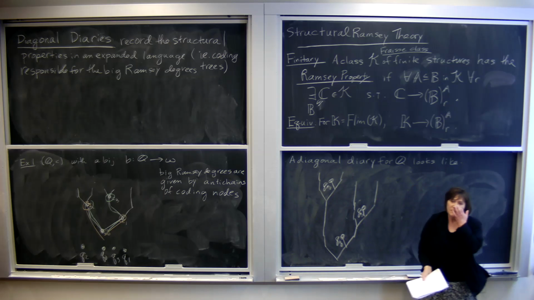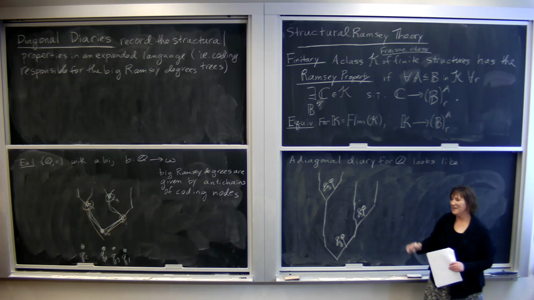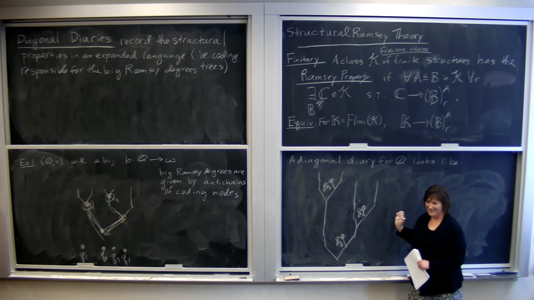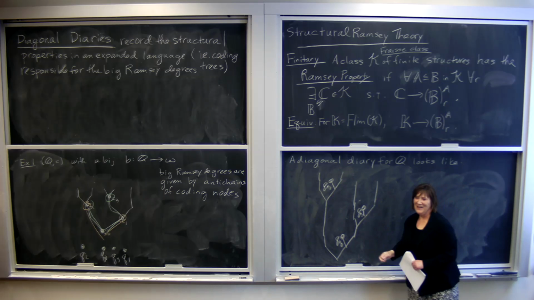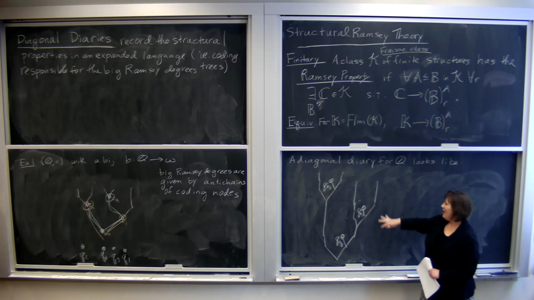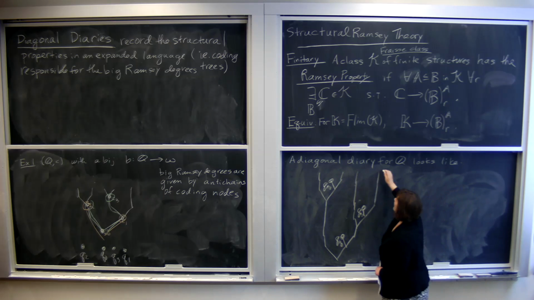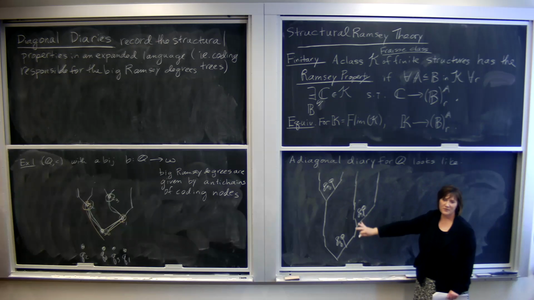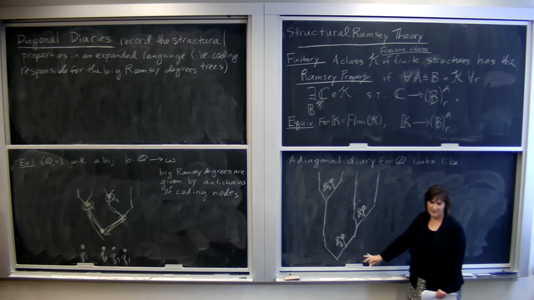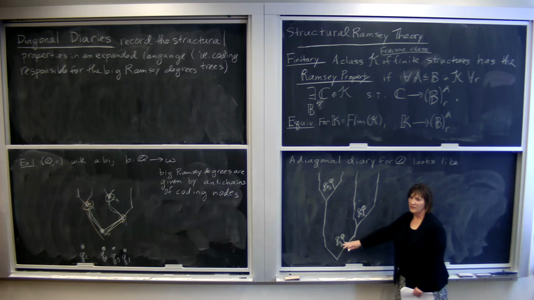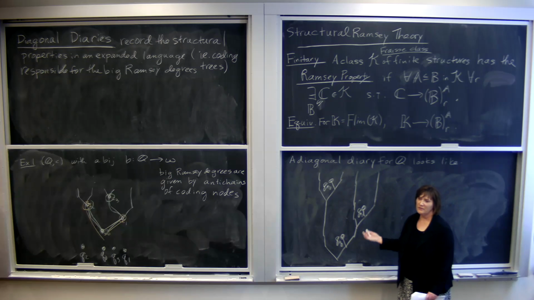Okay. So I like to think of things in terms of structures. Andy likes to think of things in terms of embeddings. It's all the same thing, really. You may think of the collection of substructures of this tree structure which are isomorphic in terms of left, right, splitting, terminal, passing, right? That's a diagonal diary.